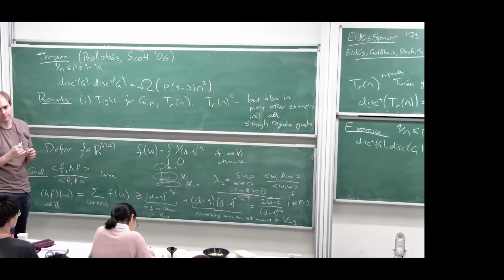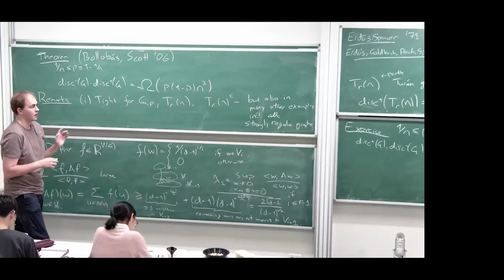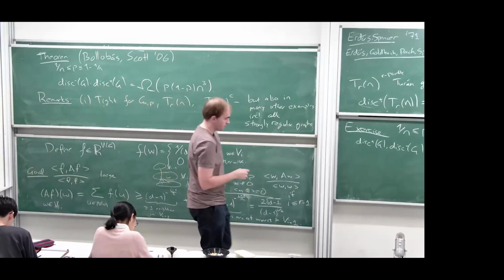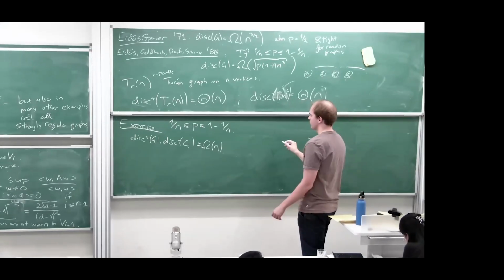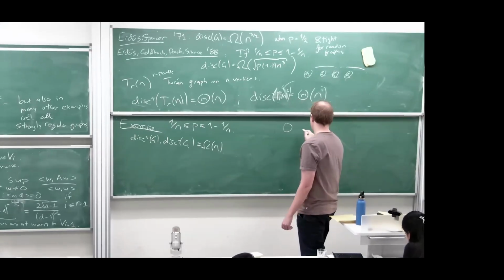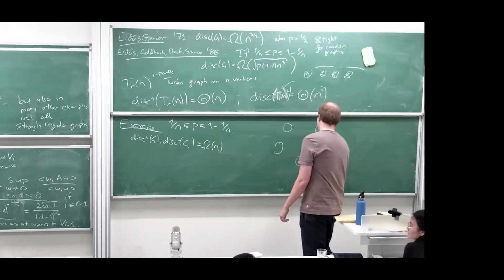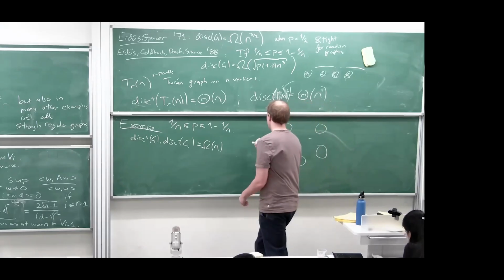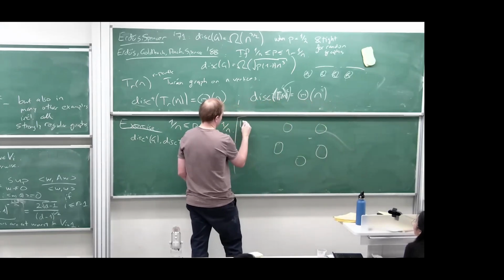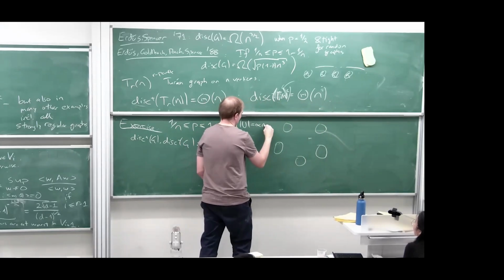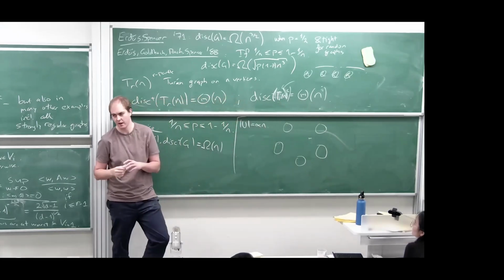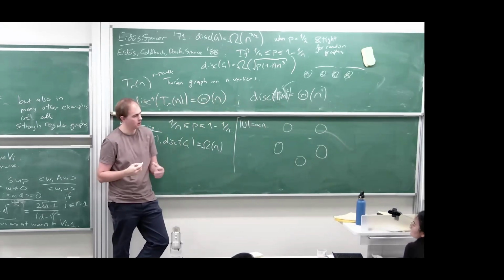Yes. Then why is the discrepancy for the Turán graph n? Yeah, sure. That's a good question. Let's suppose that we fix the size of U to be alpha times n.